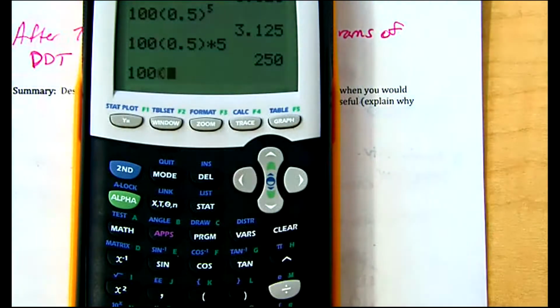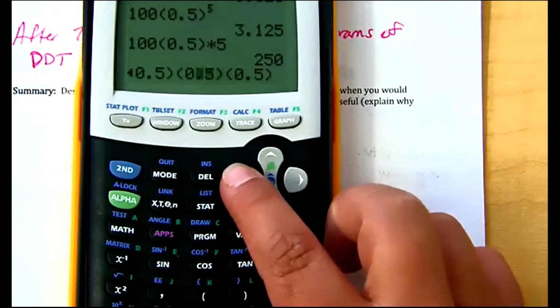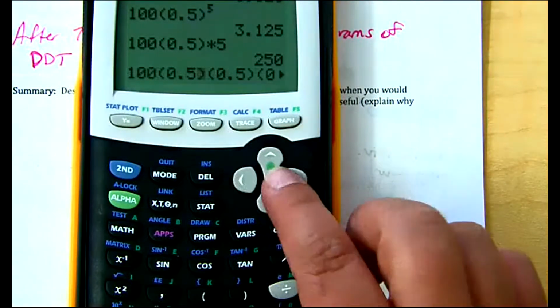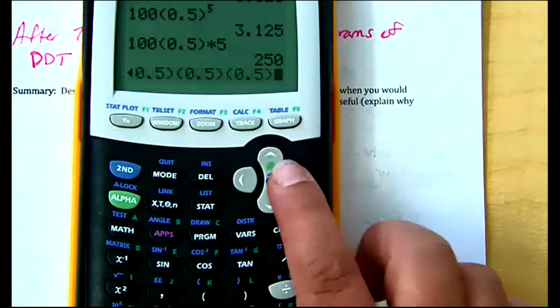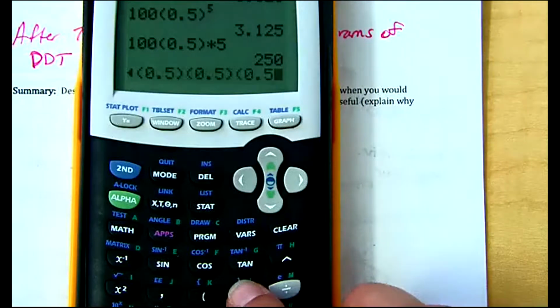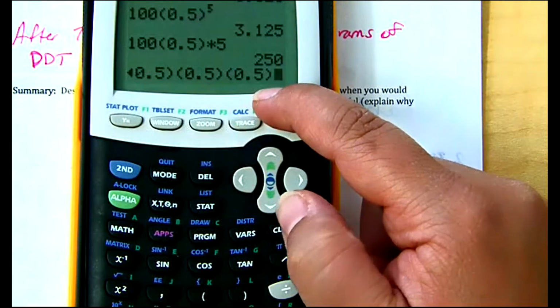Raising it to the 5 power is the same thing as doing 0.5 times 0.5 times 0.5 times 0.5. How many was that? Hold on, that's only 4. One more, times 0.5, right? That's what raising it to the 5th power does.